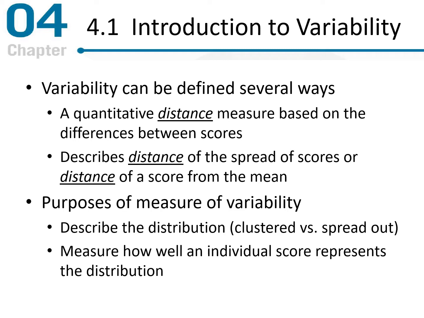For instance, if I give an exam and there's a lot of variability, that tells me that some people are understanding things and other people are not understanding things, and we have to try to remedy that situation the best that we can. Whereas if I give the same exam and there's very low variability, that could be good or bad.